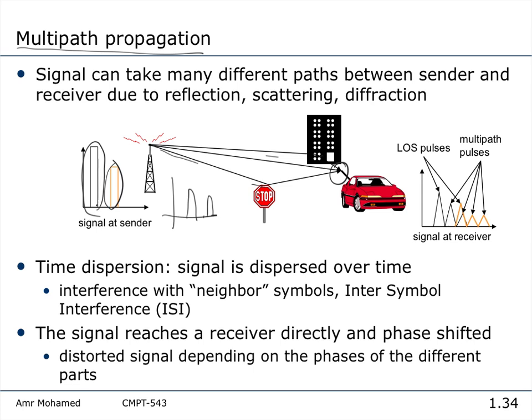And of course, this is not something that you can easily estimate. Because imagine, as you said, if this car is moving, the multipath that we're talking about will change in real time, right?